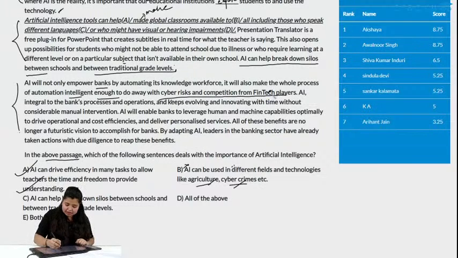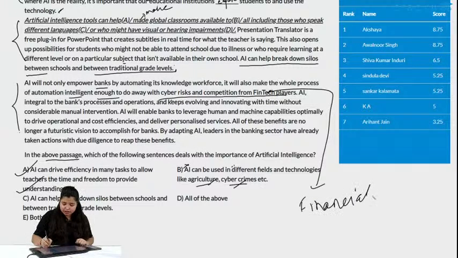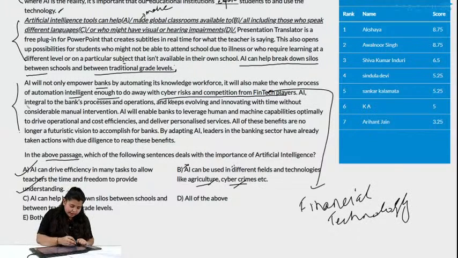It is financial technology. Okay. So obviously there is no mention of agriculture and cyber crime, rather cyber risk and competition is there, but not agriculture. So not this.